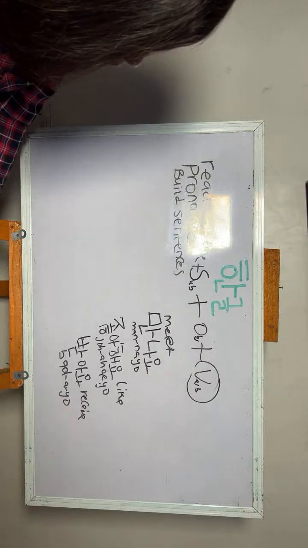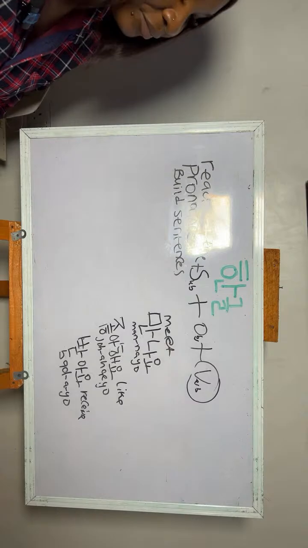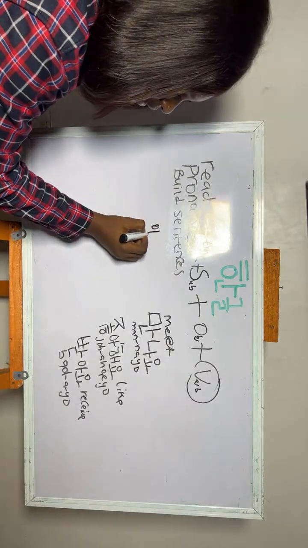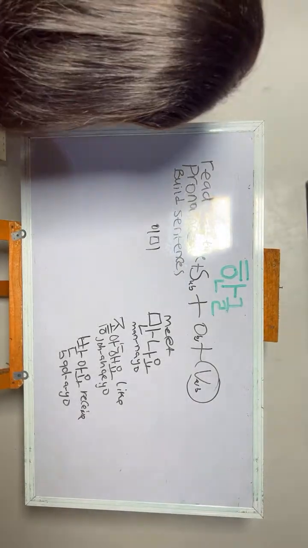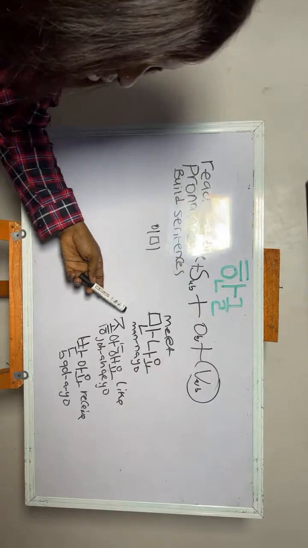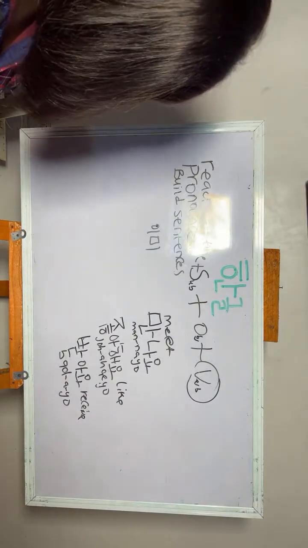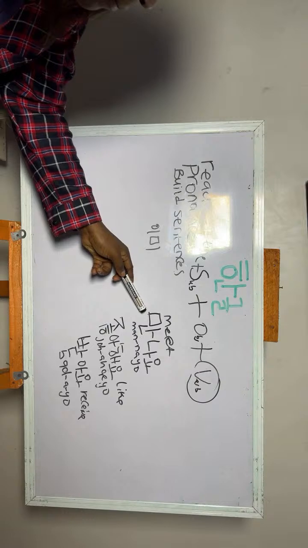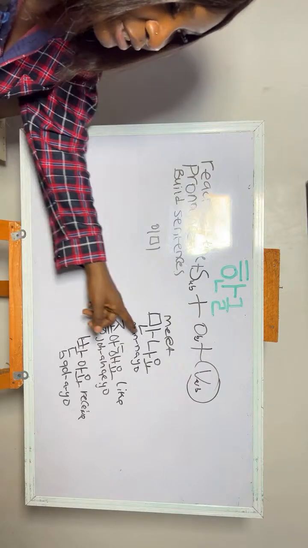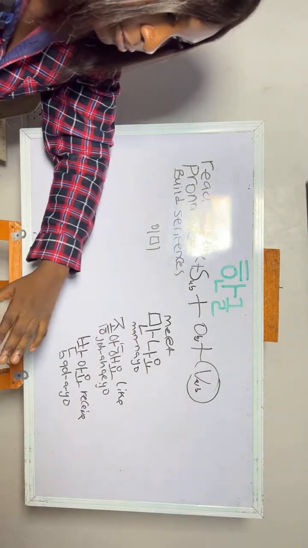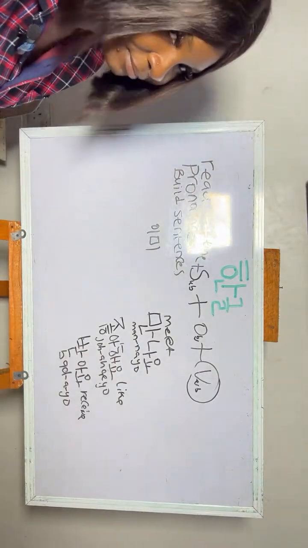Okay, so now this simple word imi, using vocabulary we're familiar with, if you use imi with these 3 verbs, you have a sentence already. Let me explain. If you say imi mannayo, or if you use it in past tense, imi mannasseoyo, it means already met, whatever the case may be.